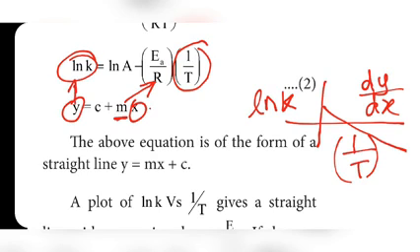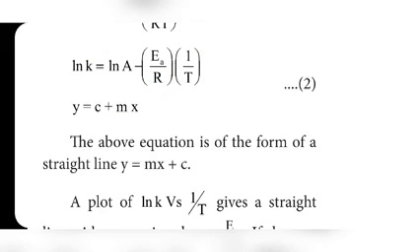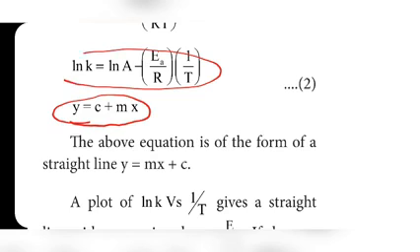So y means ln k, x means 1 by T, m means minus Ea by R, c means ln A. So we are comparing these two equations. When you compare these two equations, we will get the m value and c value.